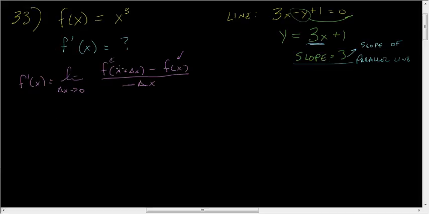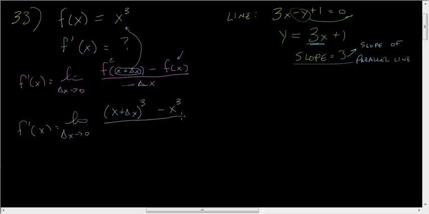If we substitute x plus delta x into f, then we get this. f prime of x is equal to the limit as delta x tends to 0 of the quantity x plus delta x cubed minus x cubed all over delta x. And this you can expand using the binomial theorem or just knowing Pascal's triangle.